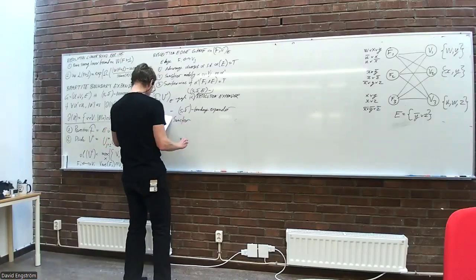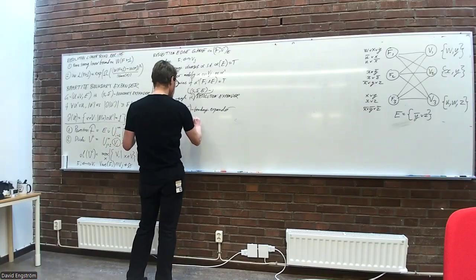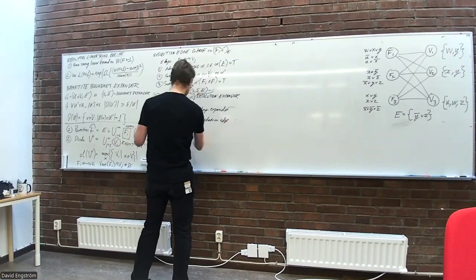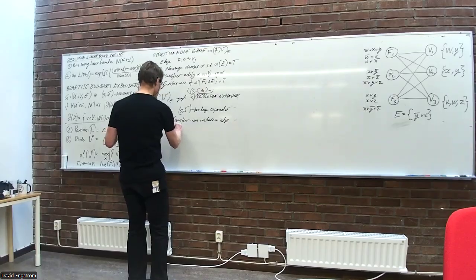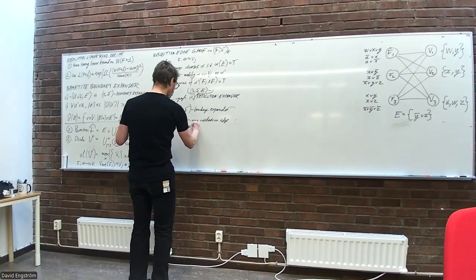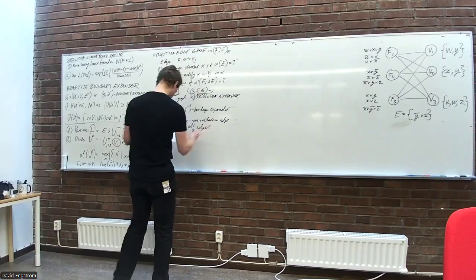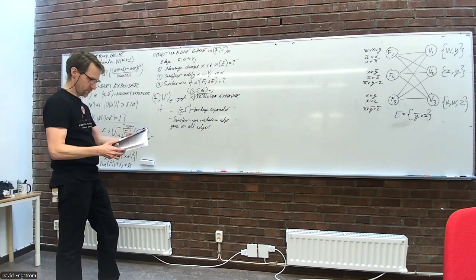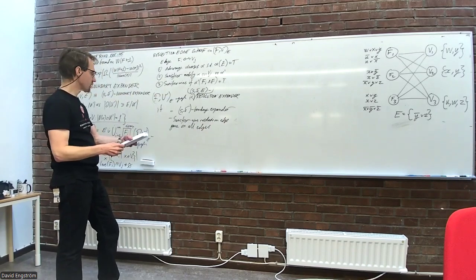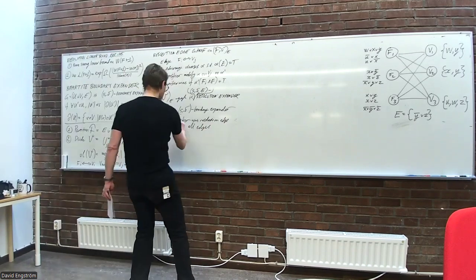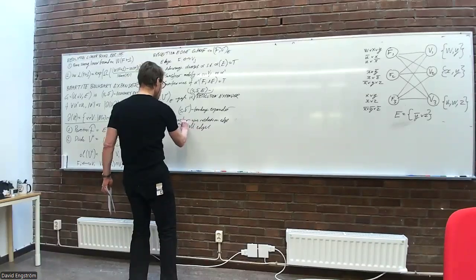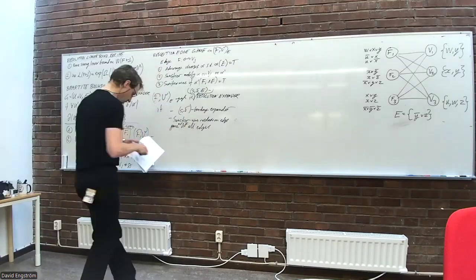And the second condition is that the satisfier wins the resolution edge game on all edges, the resolution edge game with respect to E. That's why I'm carrying this notation around.